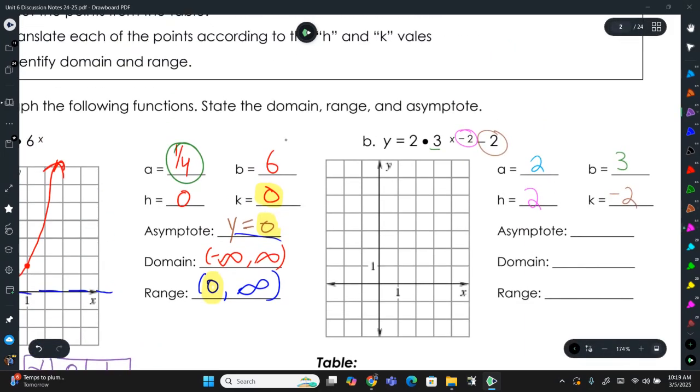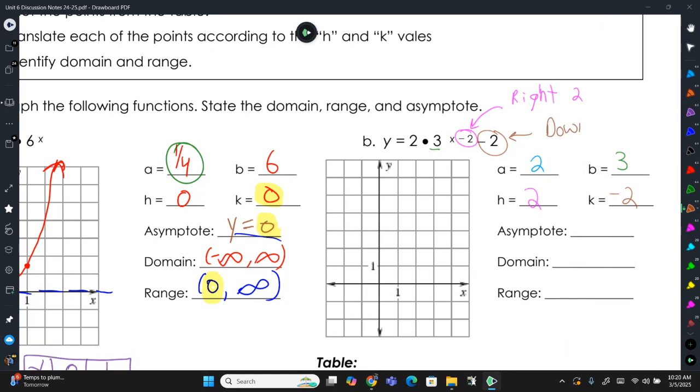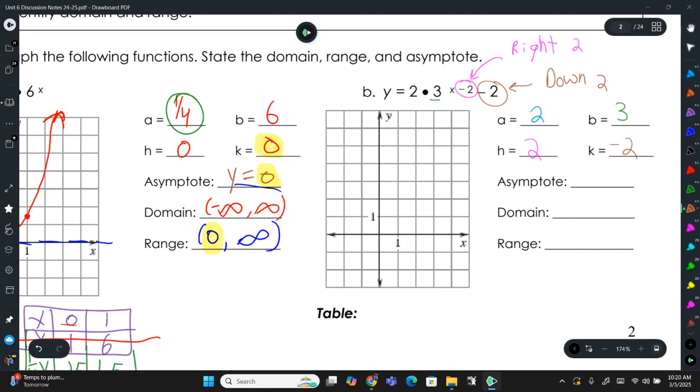So this 2 in the exponent means we're going to move or translate it right 2. And this right here that's minus 2 means we're going to go down 2. So this means our asymptote is at y equals negative 2. All right, so let's make our table.